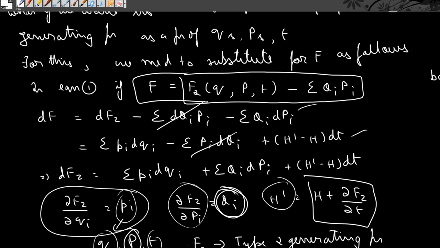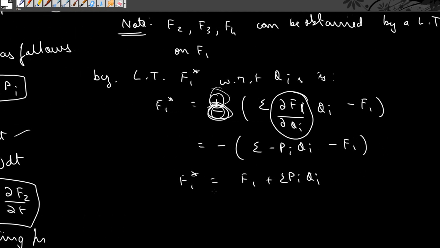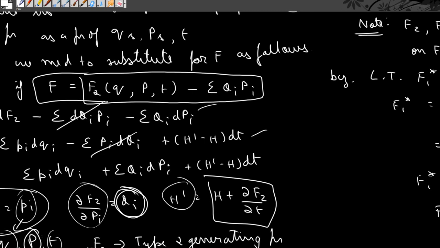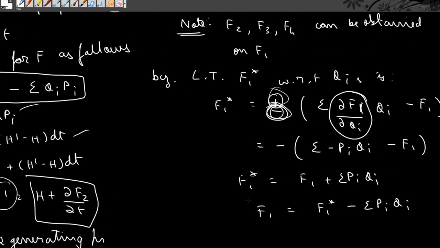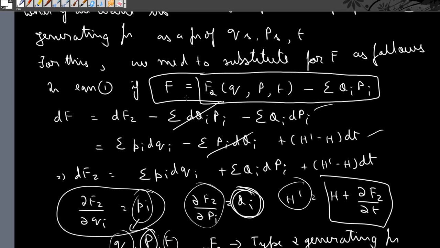Now here, if I write f1 as equal to f1 star minus summation pi qi, then compare this equation with this equation.